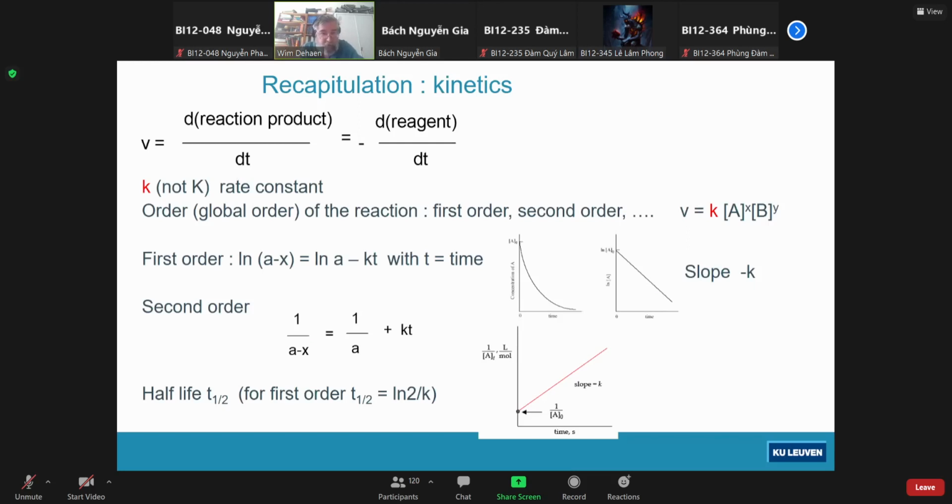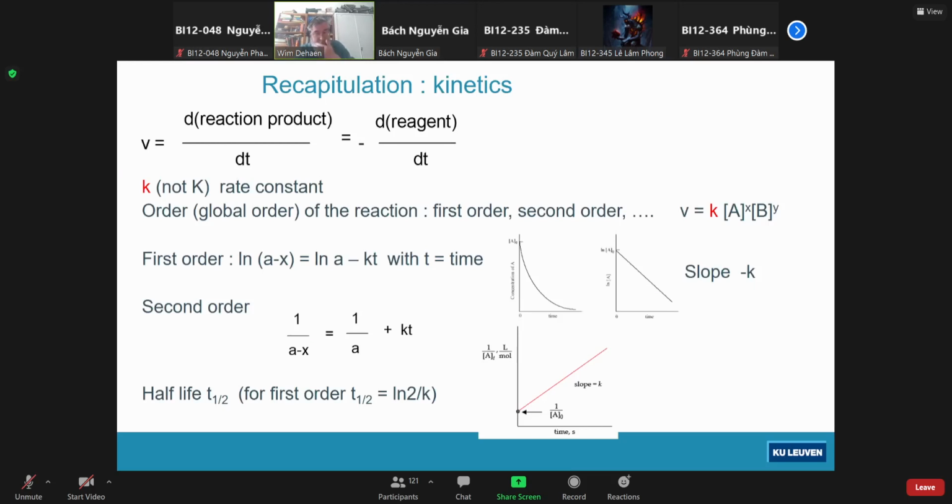Now for the second order reactions, in order to have a straight line, you don't take the logarithm, but you take the reciprocal of the concentration. At any given moment in time, the concentration is A minus X, with X being the amount that has already reacted and A being the concentration in the beginning.